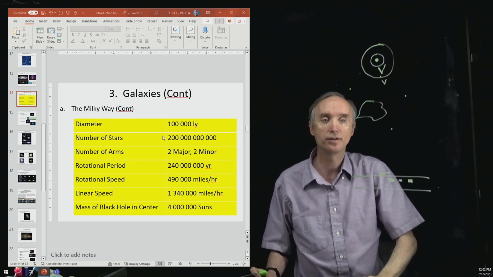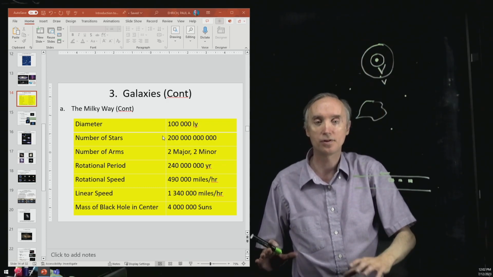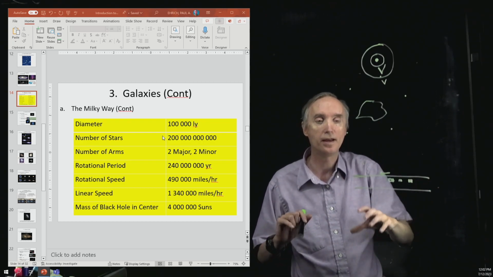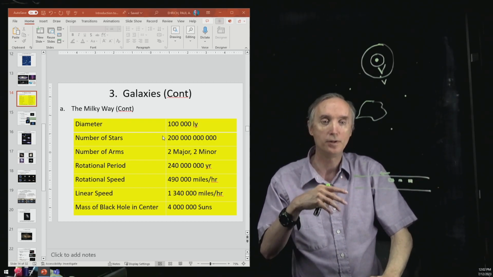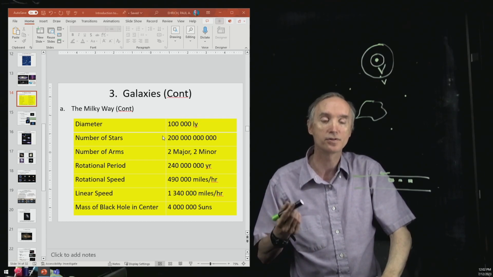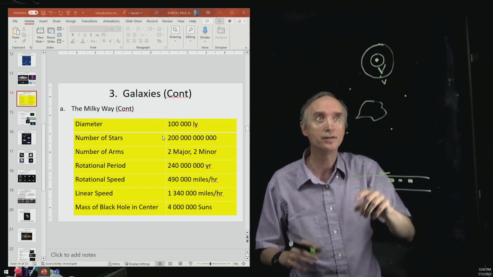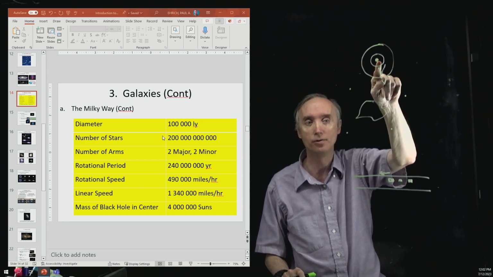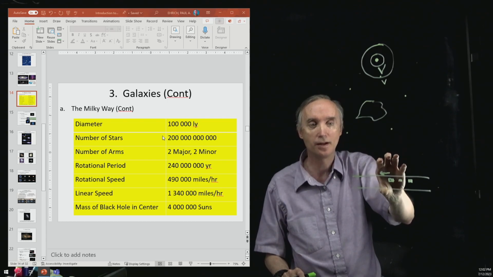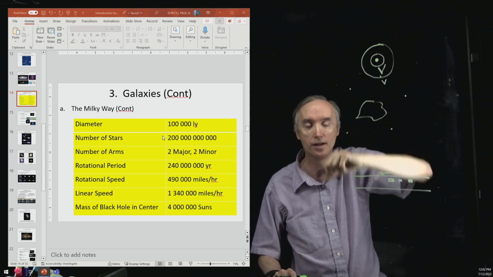So the same thing is going to happen with a rotating galaxy, that these arms, these density waves, as they're rotating around, are going to either catch up with stars, or the stars are going to catch up with them, or if they're at just the right distance from the galactic bulge, then that star will spend its entire life inside of that arm, and then they both will rotate around at the same speed.